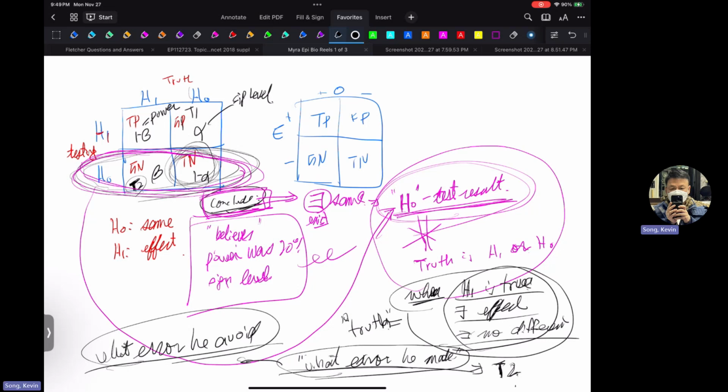They all use different terminologies. So don't trip on that. Only focus on whether he concluded the second row or the first row.